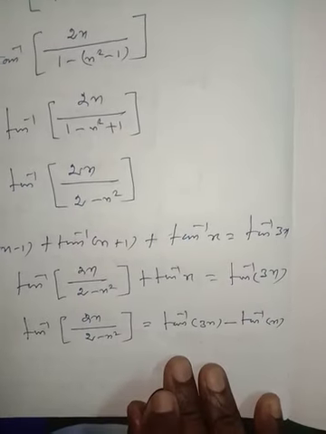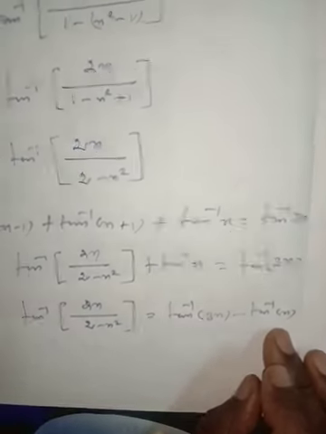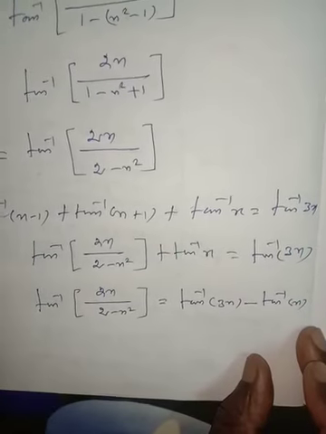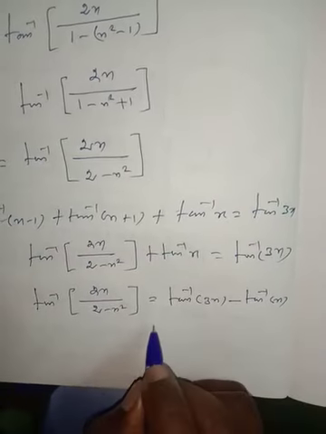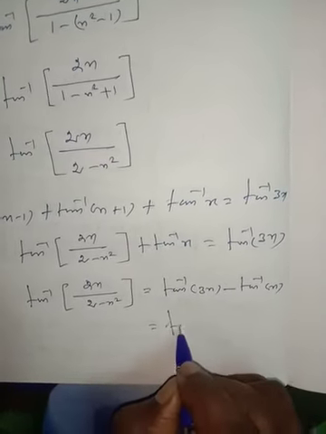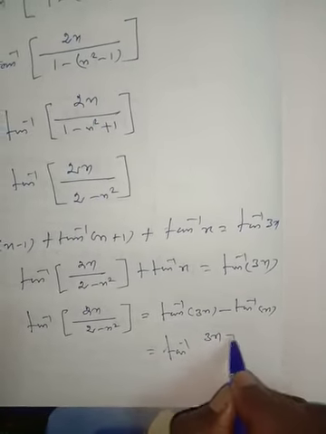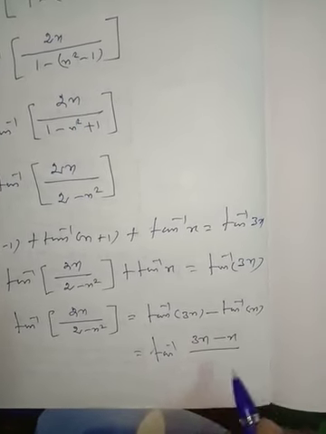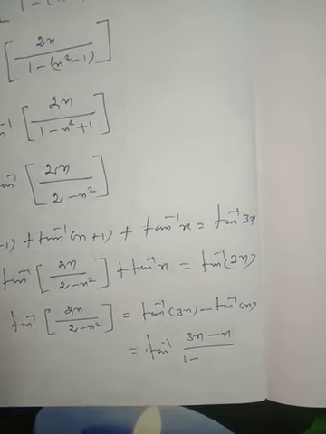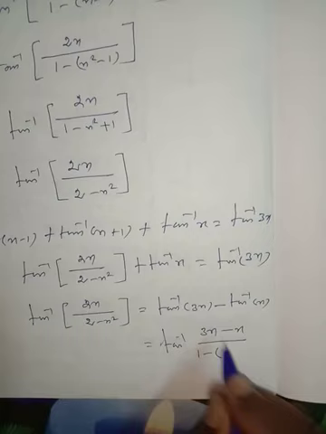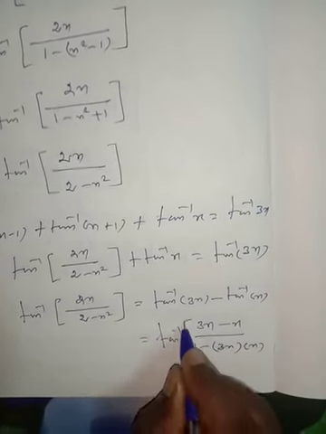Now right hand side, tan inverse of a minus tan inverse of b is tan inverse of a minus b divided by 1 plus ab. So tan inverse of 3x minus x divided by 1 plus 3x into x.